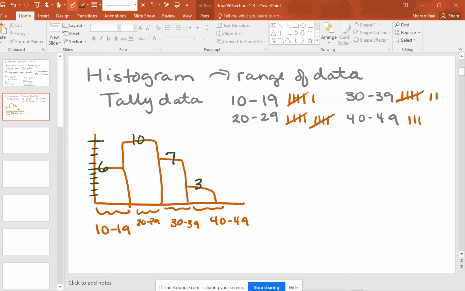So with a histogram, it's a bar graph, but each bar represents a range of data. And usually when people collect data, they use tallying to keep up with the data, because it would be really outrageous to do age 10, 11, 12, 13, 14. You can have a whole decade age range in one.